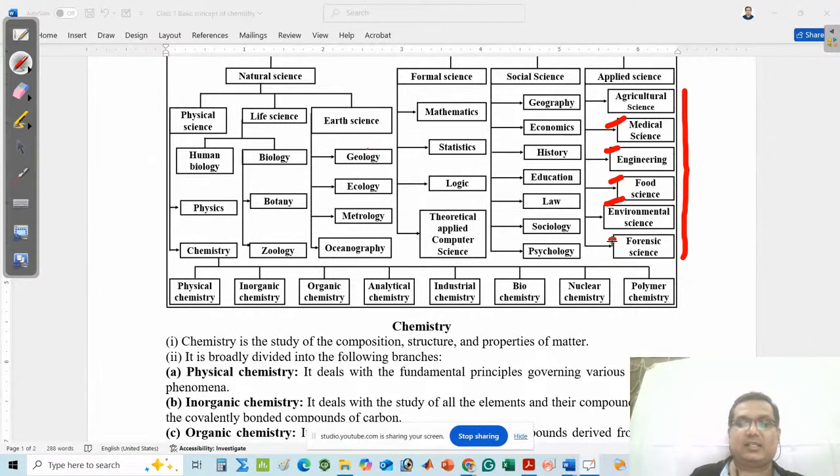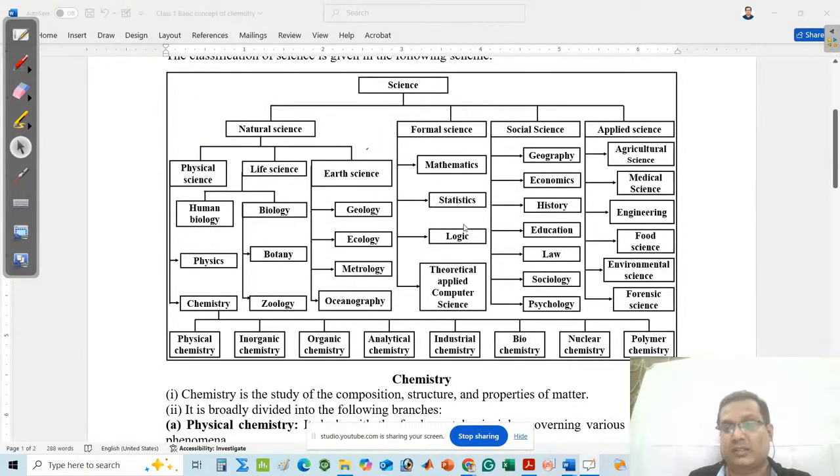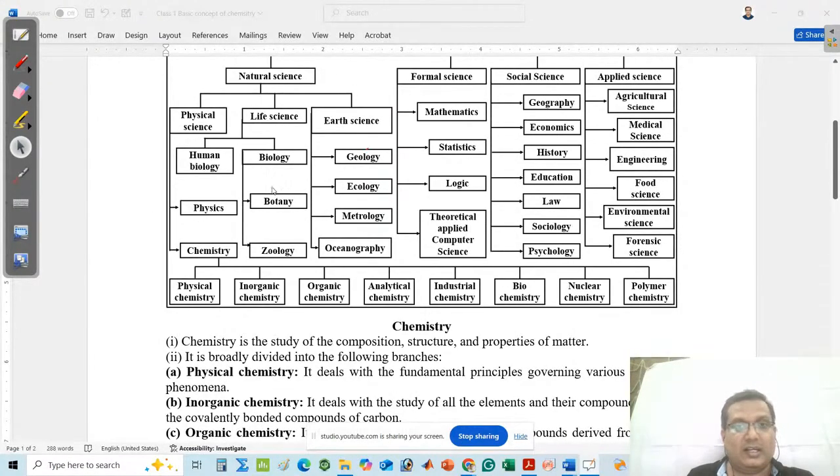Forensic science, that is related to crimes, that is your Aparadha Anusandhana Vigyana. This is all about the different classification of science. This is the scheme. Look at that again. This is all about the classification of science.